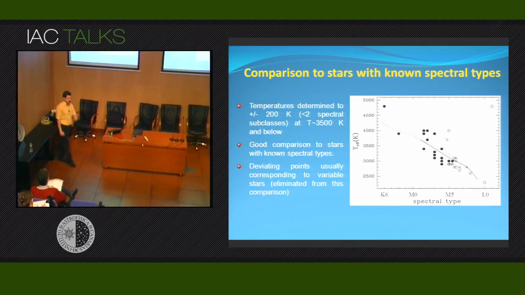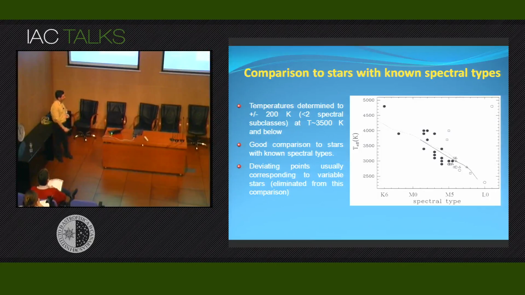There are plenty of members of Lupus that have been classified over the last decades, for which reliable spectral types are available, and therefore through spectral type versus temperature calibrations, we can get the temperature from the spectral typing. And what we get is quite encouraging.